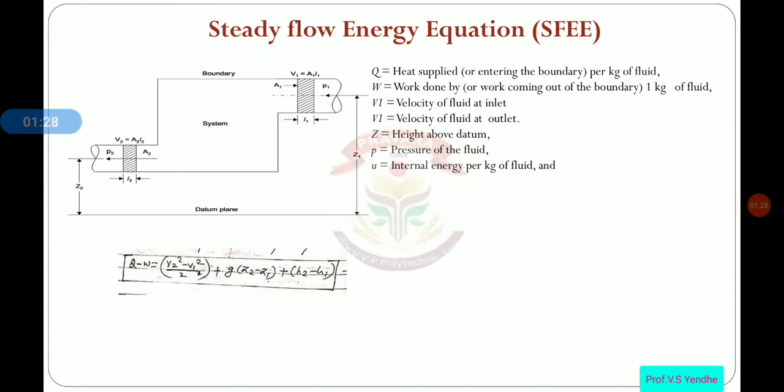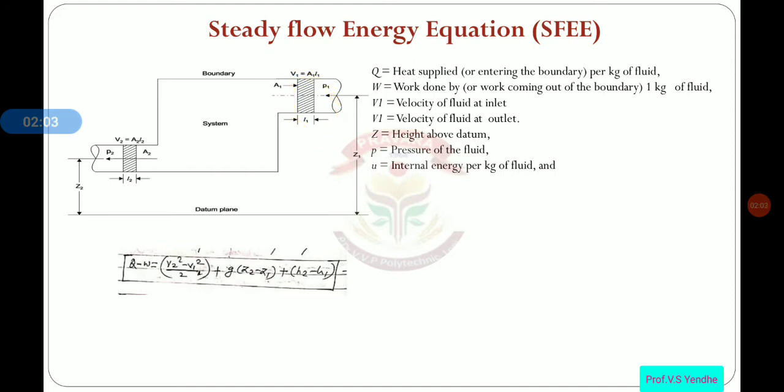If you see the diagram, this is the inlet and this is the outlet. The inlet is at a certain height Z1, and the outlet is at the height Z2.